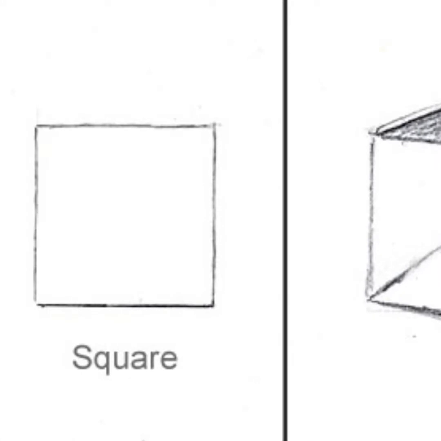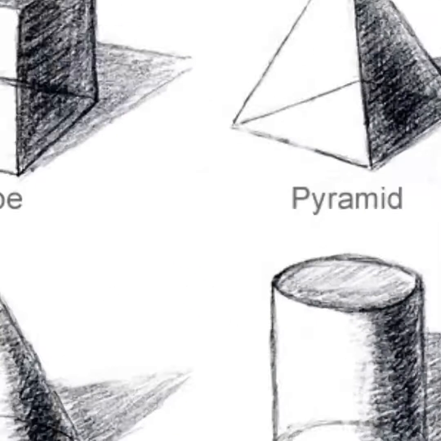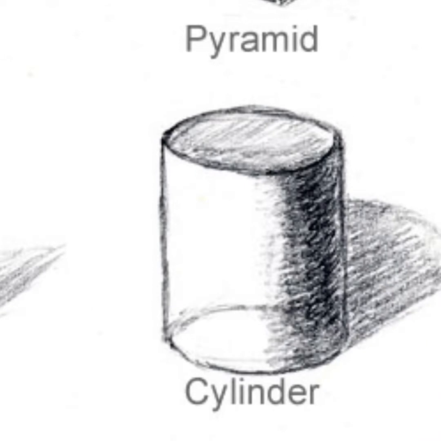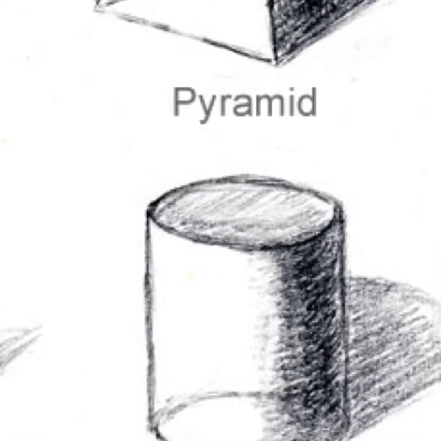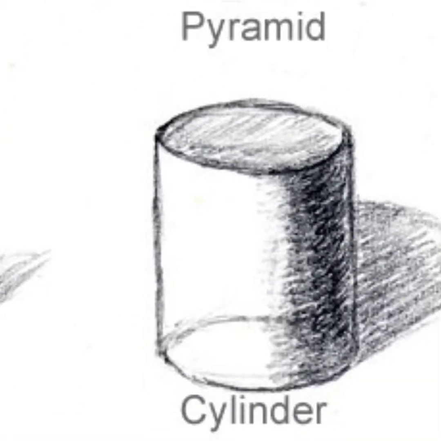I hope you said squares. The other one we will talk about today is a cylinder. Say cylinder. A cylinder is made up of an oval and also a rectangle at the same time. We'll practice those today.